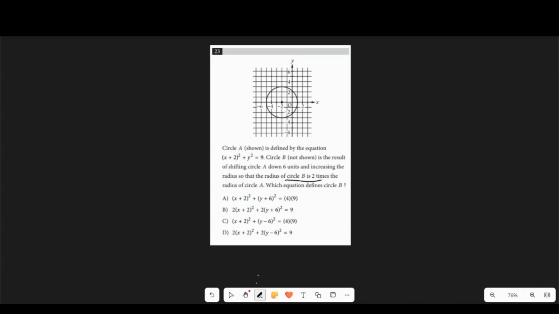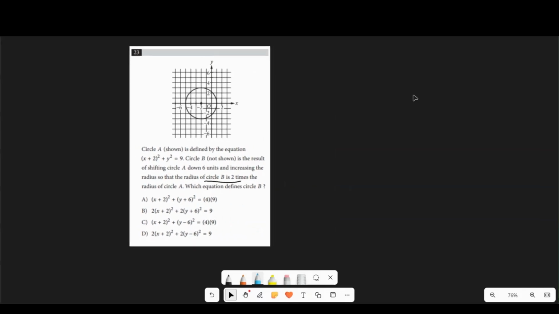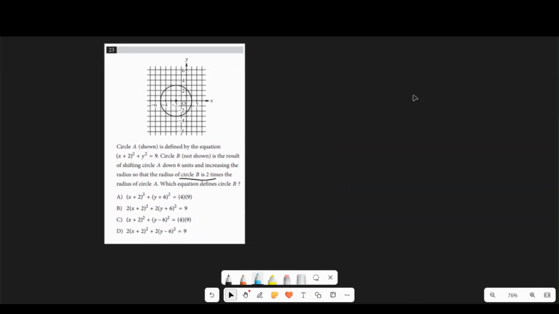Okay, so this one I would consider kind of a medium problem. The difficult part would be needing to know what the equation of a circle is and how that changes as you shift a circle around a graph.